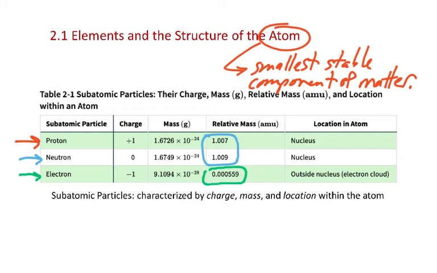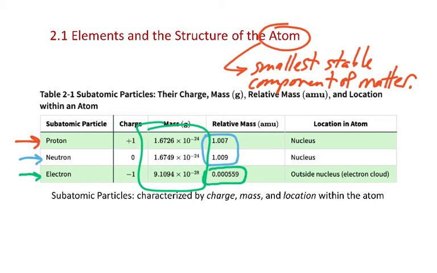Now, let's take a look at these units. And let's start with mass. So the gram is the base unit for mass. Kilogram is also often used in science as that's actually the SI unit. The standard international unit is the kilogram. And we get these tiny numbers, right?